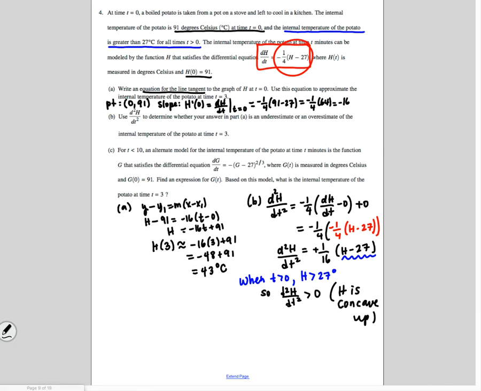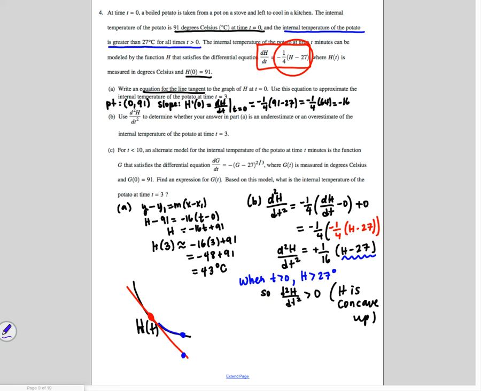Okay, so if h is concave up, we could have something like that, right? Obviously, it would be a decreasing one, because we're talking about the temperature, and the temperature would be getting colder as soon as it's taken out of the oven. So it's going to look something like that for h. Okay, so we want to know if our tangent line gives us an approximation that's above or below.